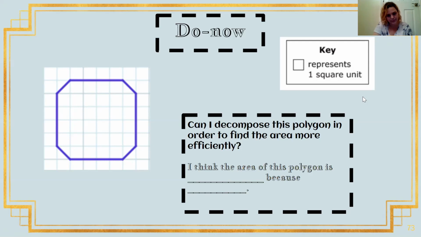I want you to think. Okay, thumbs up if you have an idea. I'm gonna let you go solve this on your own before I show you how. Underneath your irregular octagon, I want you to write the statement, I think the area of this polygon is, because. So pause it so you can go solve.